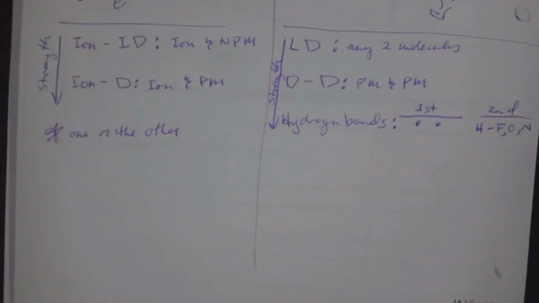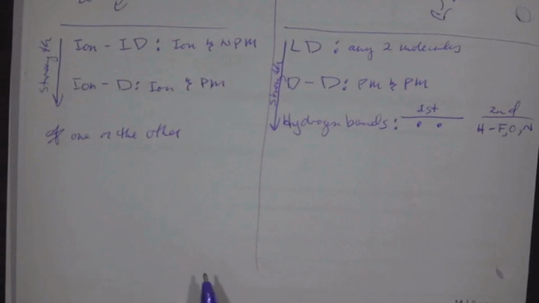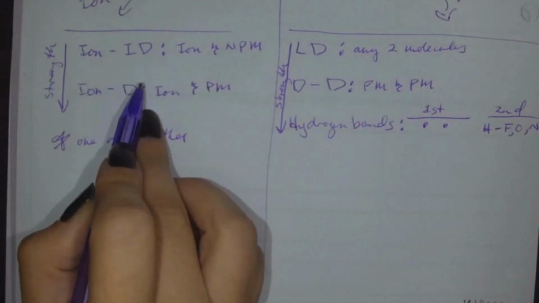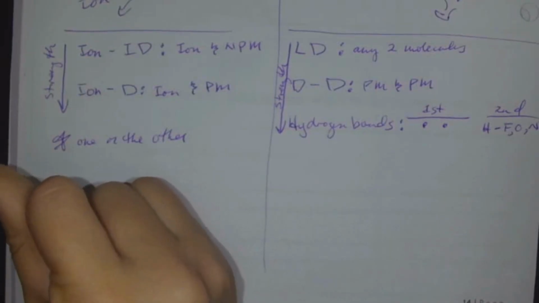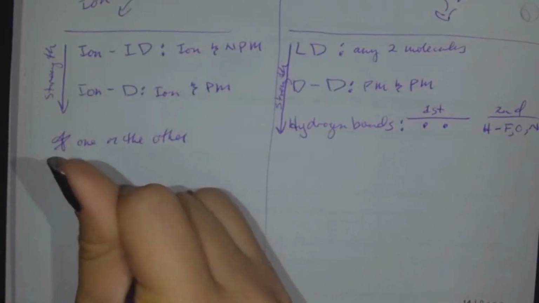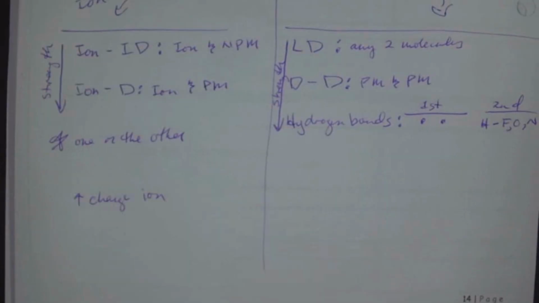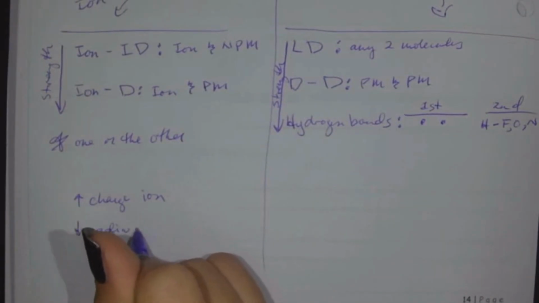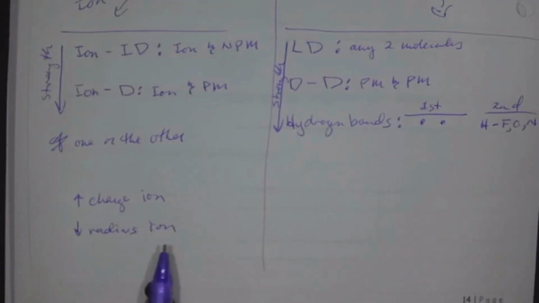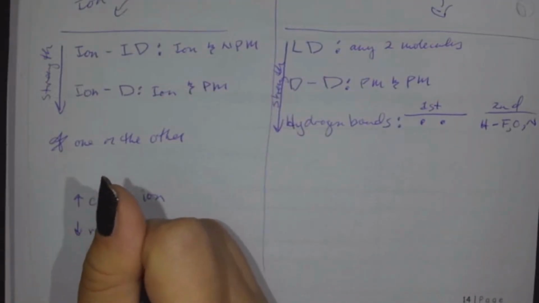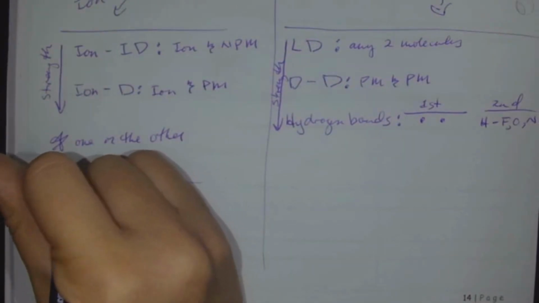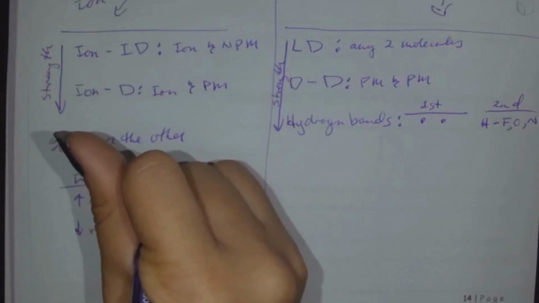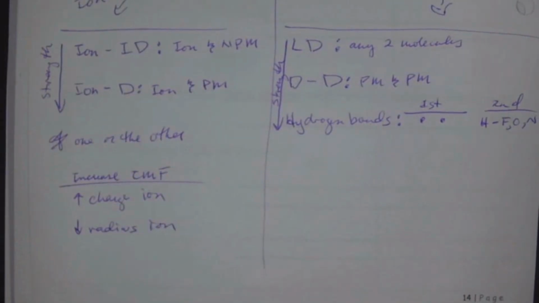However, we did talk about when these attractions will increase: if the charge of the ions increases, or if the radius of the ions decreases. Those are the ways that we increase these types of IMF attractions.